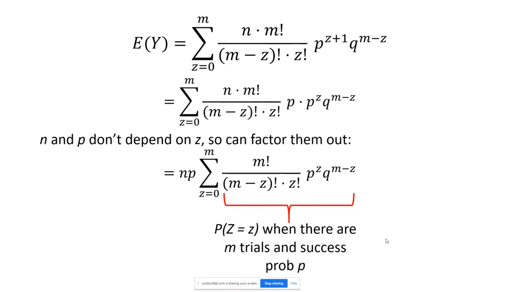It's actually helpful to us in a direct way. We're taking the sum as z goes from 0 up to m. And if z is the number of yeses out of m trials, then those are all the possible values of z.